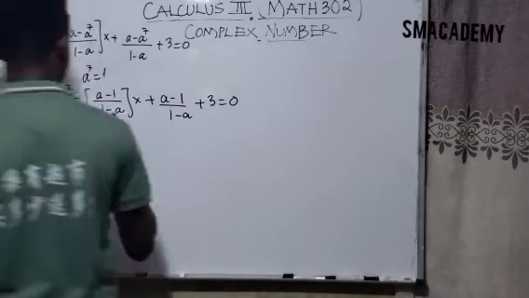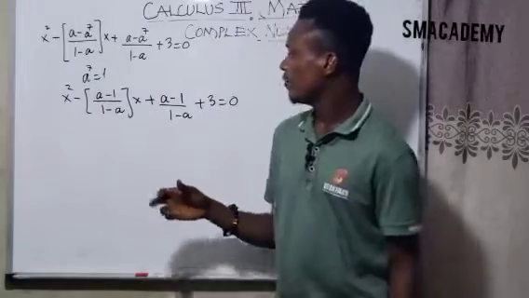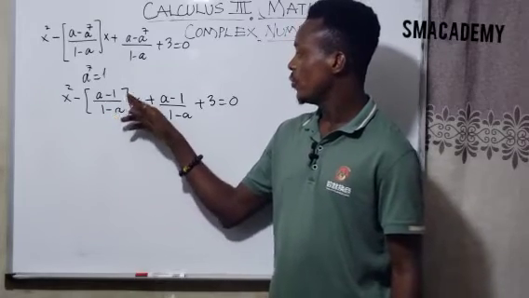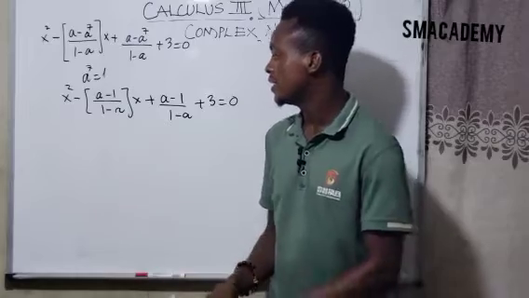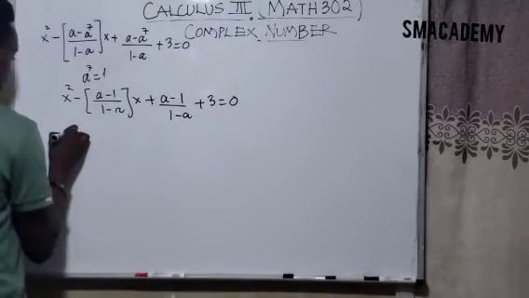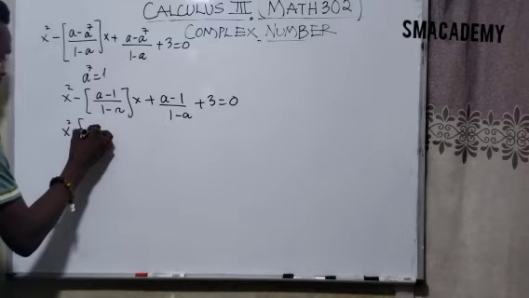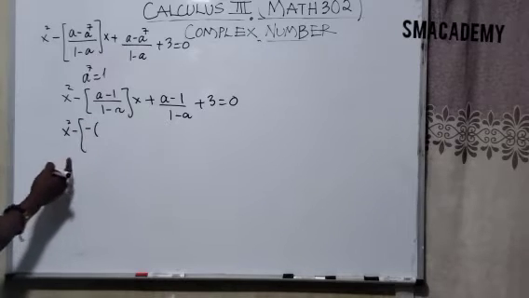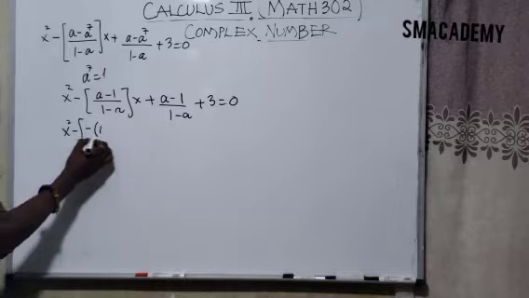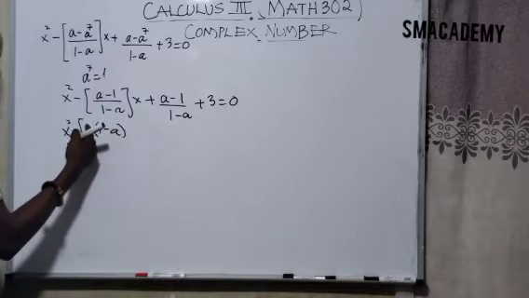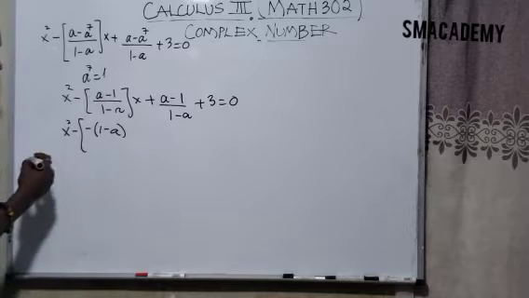So we have an equation here. To cancel the denominator, we can factor the numerator by negative. So we will have x squared minus, we factor by minus, so we'll have positive 1 and negative a, because this will give me minus 1 and this will give you a positive 1.